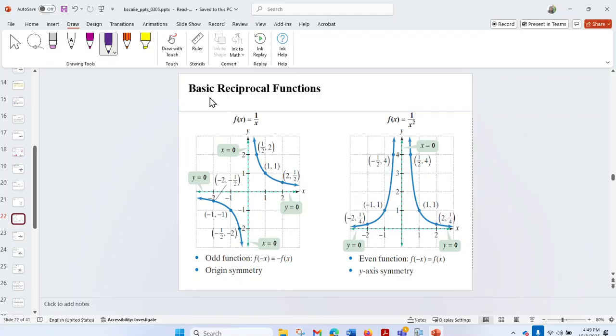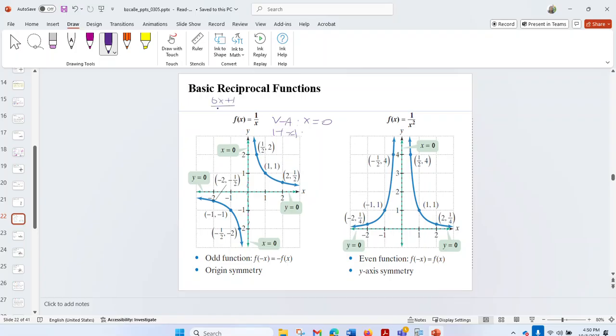Okay, if you look at y equal to 1 over x, this one has both a vertical and a horizontal asymptote. Your vertical asymptote here is x equal to 0. That's the y-axis, so that's your vertical asymptote, the dotted line in here. For the horizontal asymptote, we have 0x plus 1 over x, right?